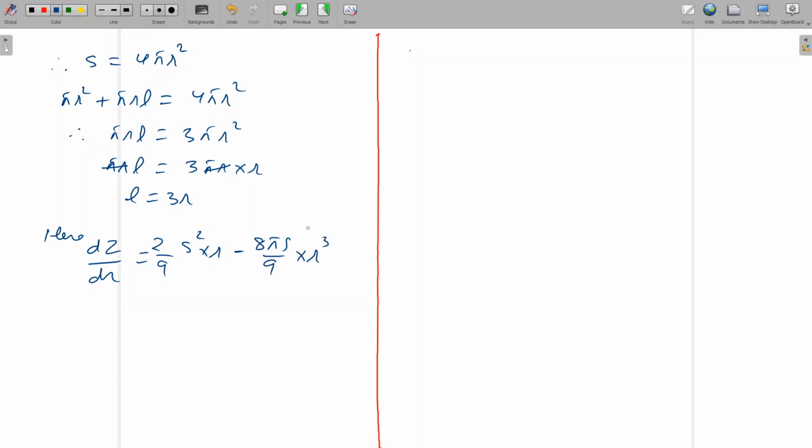So this is our dz by dr. We will differentiate one more time and then we will check whether it is positive or negative when L equal to 3r.